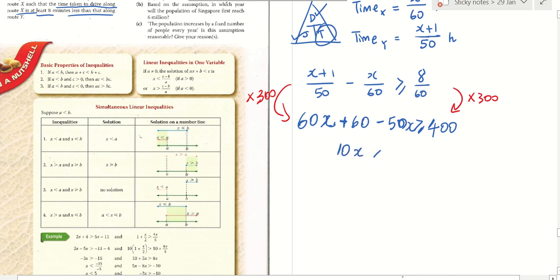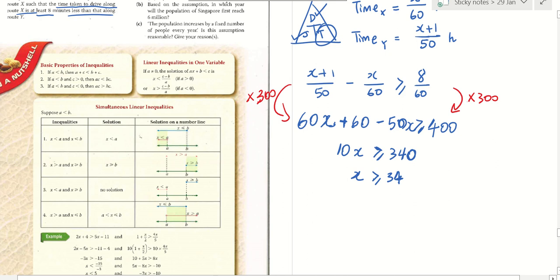I'm going to subtract 60 on both sides. So I'm left with 340. Now we divide by 10. We get x is greater than or equal to 34.